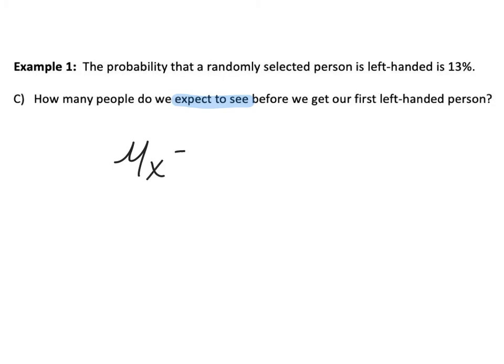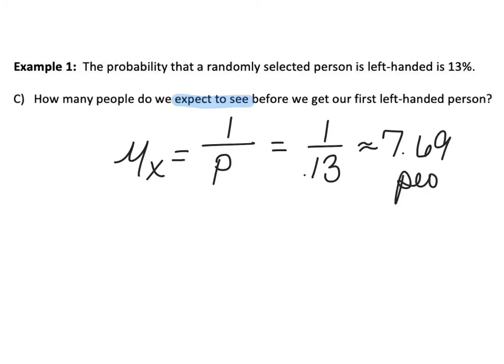Mu of x is equal to 1 divided by p, and that's pretty simple math. I just plug in 0.13, and in my calculator I get approximately 7.69 people. So I would expect 7.69 people before I find one left-handed, recognizing that this is, of course, an average, which is why I'm getting a decimal.